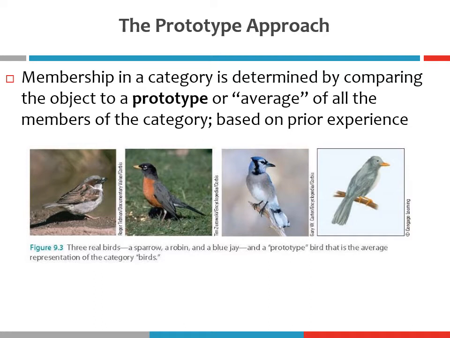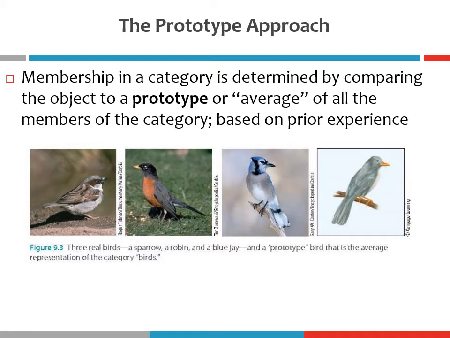So what is a typical member of the category? Well, Eleanor Rosch, a very famous cognitive psychologist, in 1973 proposed that the typical prototype is based on a statistical average of members of the category that are commonly experienced.